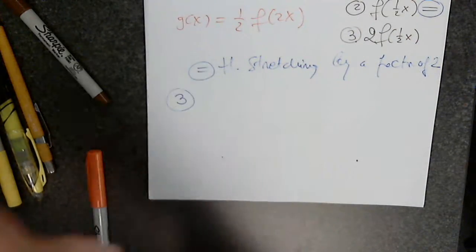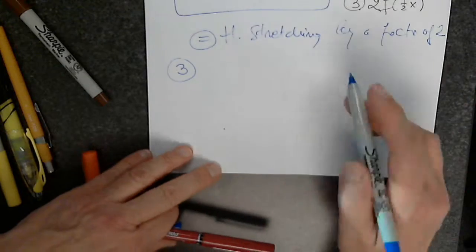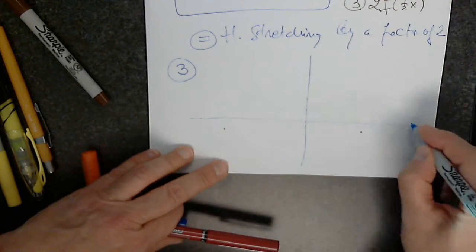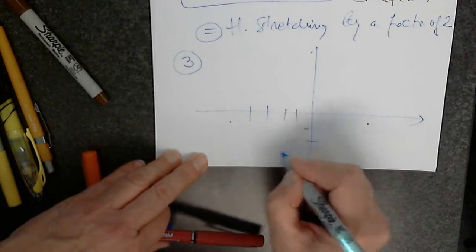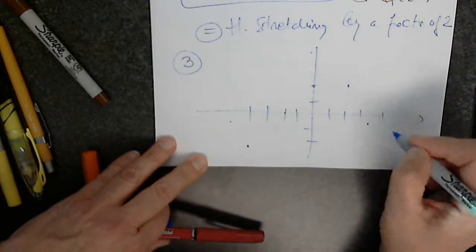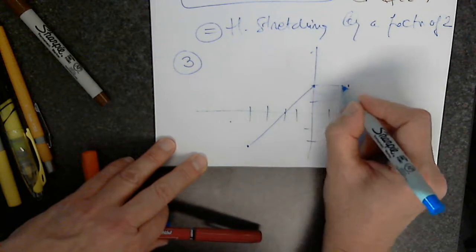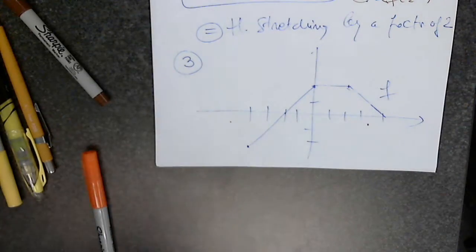Now, the other function, which is g of x, is 1/2 f of 2x. I'll have to copy the graph one more time. Bear with me for 1 sec. Okay, here is the same graph of f of x.